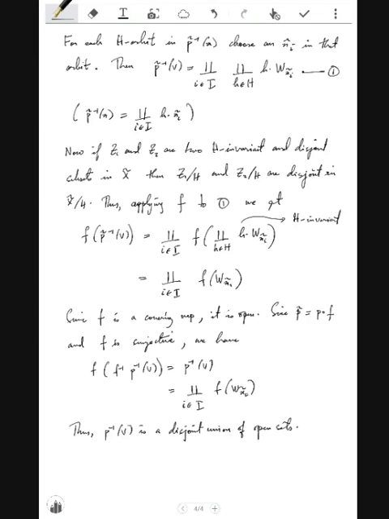To show that p is a covering, it only remains to show that p from f of W x_i tilde to V is a homeomorphism.